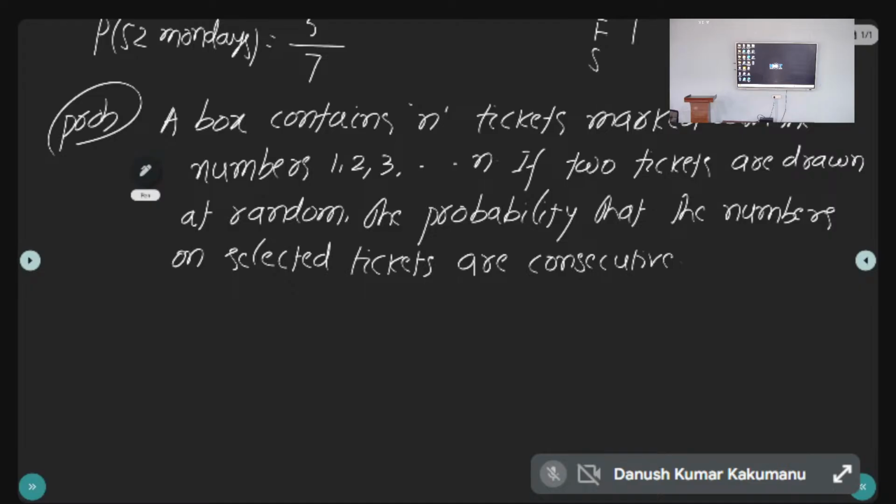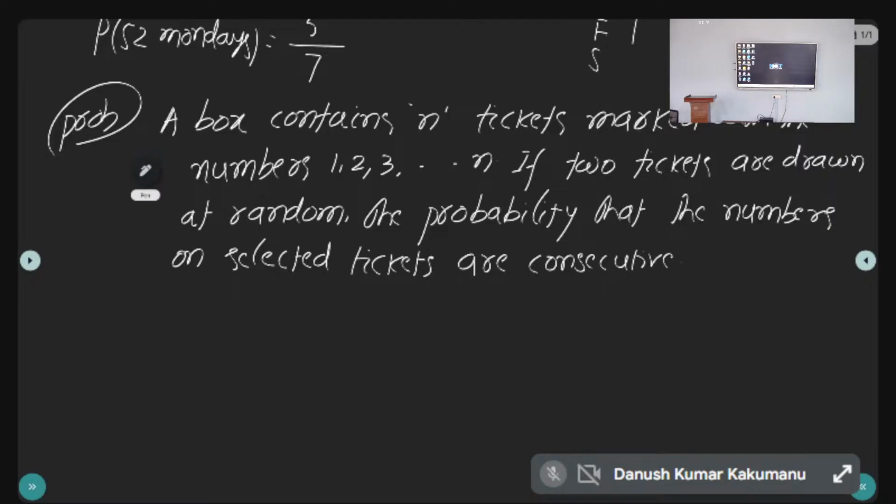On the first ticket number 1 is printed, on the second ticket number 2, and like that the nth ticket has number n. If two tickets are drawn at random out of n tickets, two at a time. If it is one by one, we have to mention it.